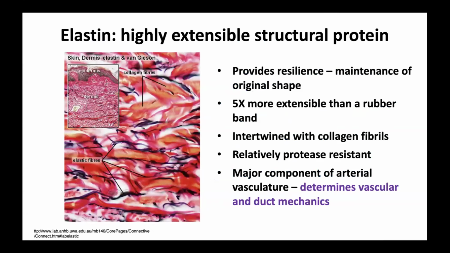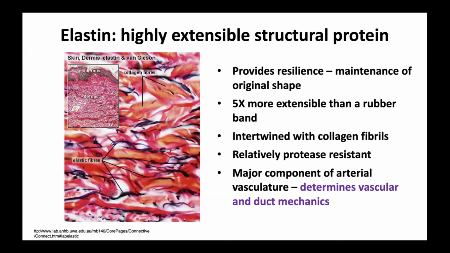Elastin is the other big structural protein like collagen, but it provides resilience and maintains the original shape. You can imagine, when people get older, their elastin starts to degrade, and when you pull on their skin, it doesn't bounce back. So that's an example of elastin not being as functional as it was in someone younger. It's 5 times more extensible than a rubber band, which is a fun fact, I think.